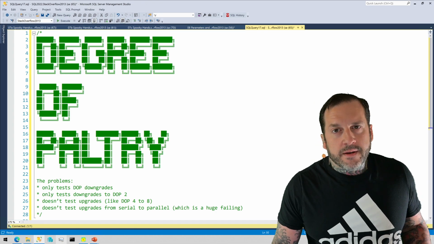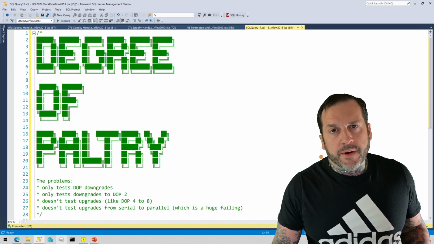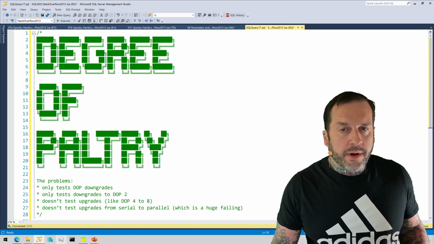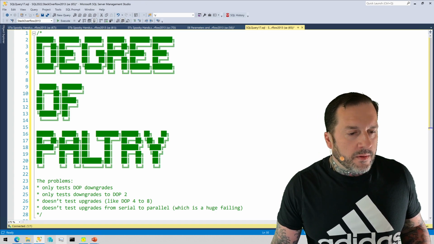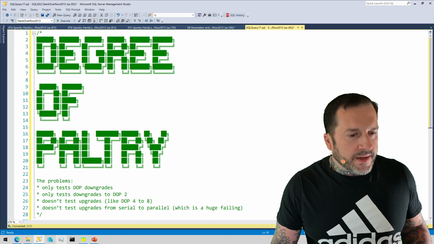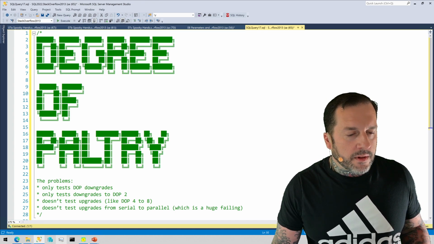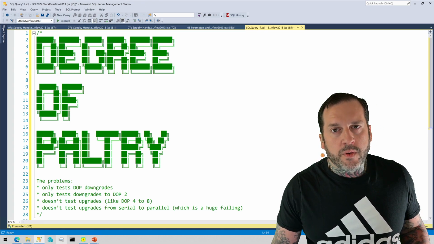So the first of the things that I dislike about the feature is that it only tests DOP downgrades. It'll only look at a query currently going parallel, let's say max DOP 16, and then look at the weights and the time for it, and then see if downgrading it to a lower DOP doesn't detract from any query efficiency.